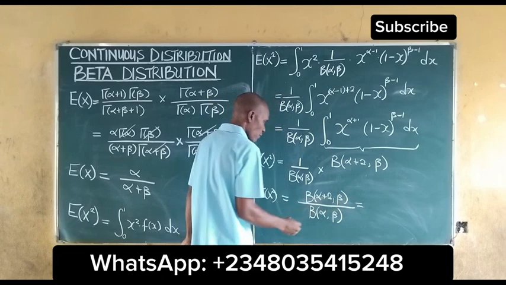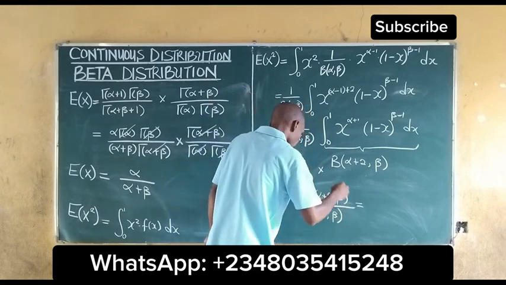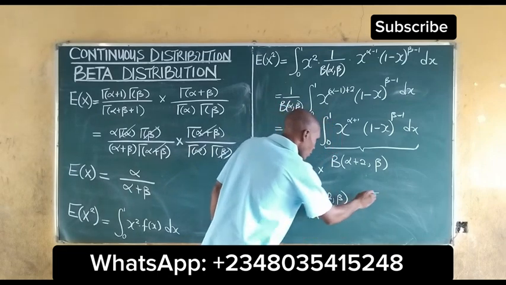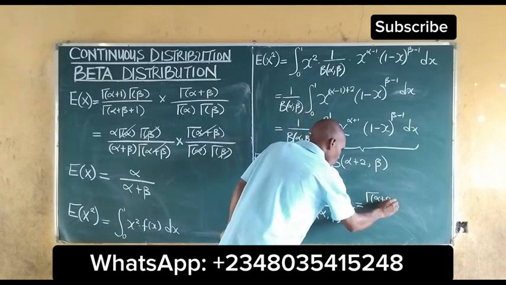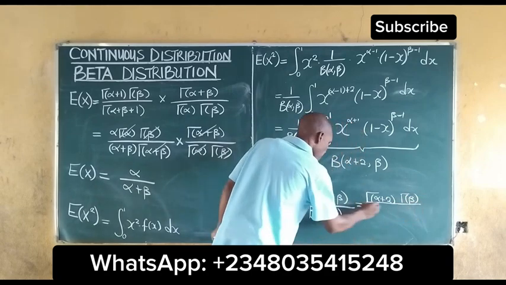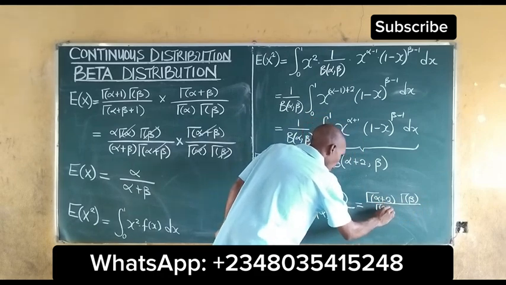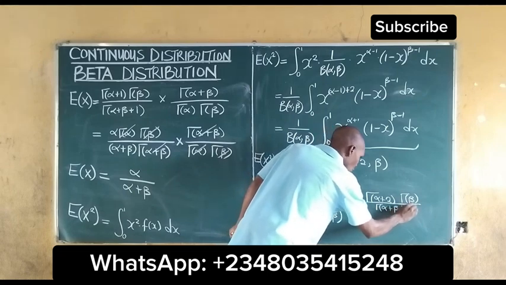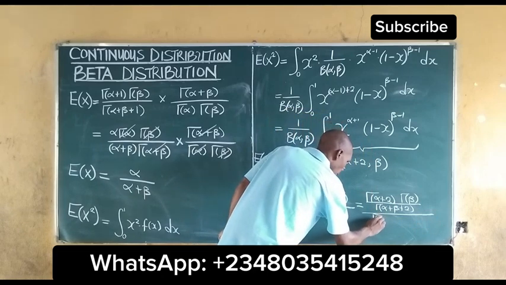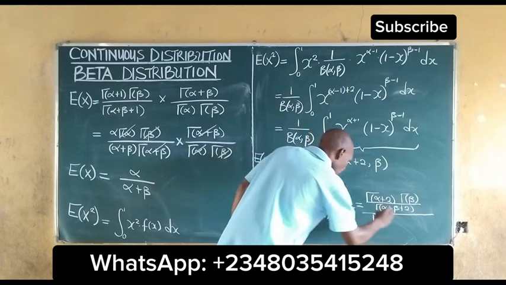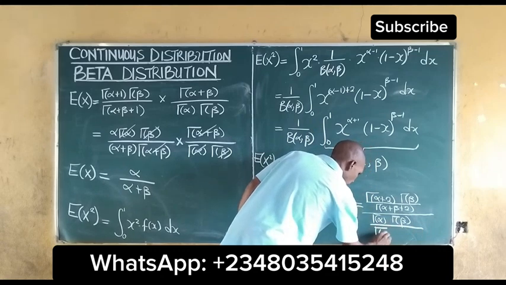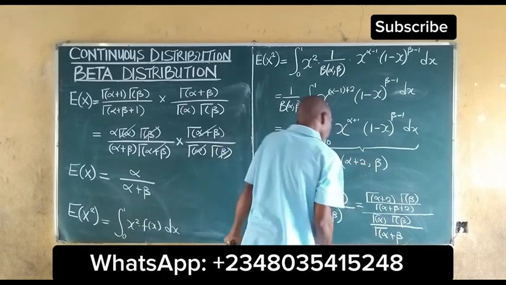The whole of this function will give us, using the gamma function to write it, gamma of alpha plus 2 multiplied by gamma of beta, all over gamma of alpha plus beta plus 2, all over, we'll now write that of this function, gamma of alpha multiplied by gamma of beta all over gamma of alpha plus beta.